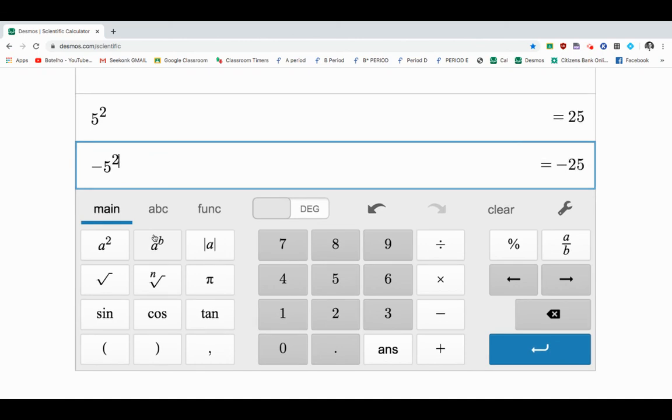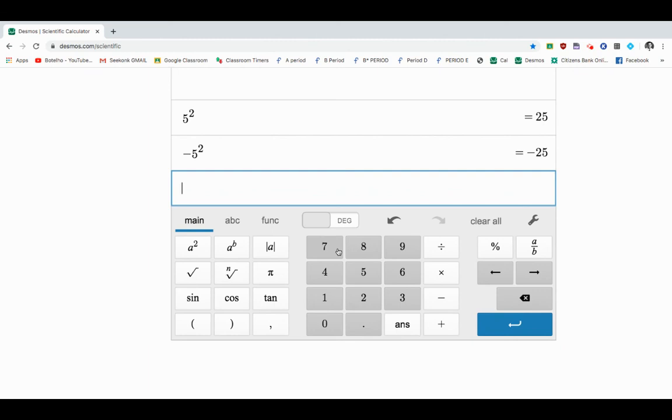It's -25, but I thought -5 times -5 was positive 25. Aha, here's the tricky part, okay? If I take parentheses and I put -5 and then I square it, let's do it that way, I get positive 25.